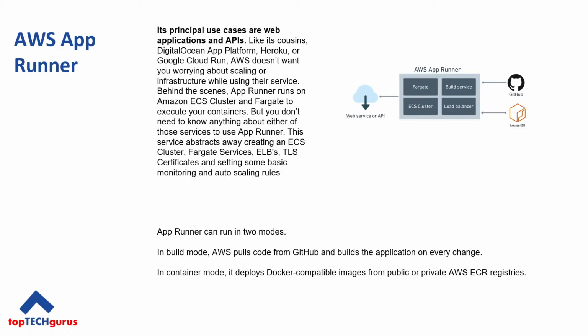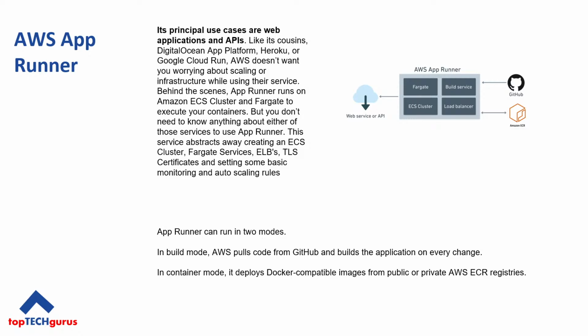That way your web app can run without you having to choose what kind of EC2 instance you need, how many EC2 instances you need, what EC2 instances are part of the cluster, and how many clusters you have, how they interact with each other, what is the networking between those clusters, what kind of load balancer you have, how they load balance between these applications. None of those things you need to worry about. Everything is taken care of by App Runner.